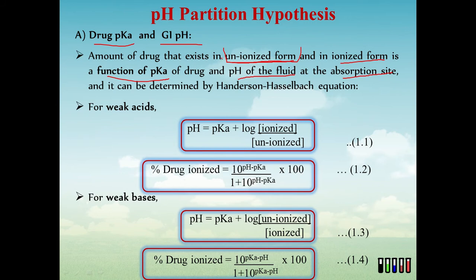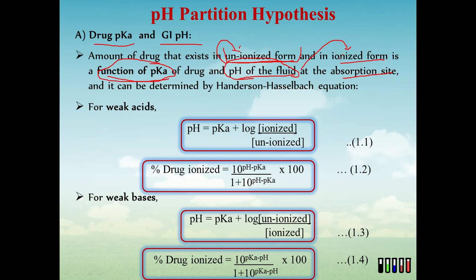Okay, the amount of drug that exists in unionized form and ionized form is a function of the drug pKa and what will be the pH at the absorption site at which the drug will get exposed. That will define the absorption pattern, or whether your drug will go in an unionized form or into an ionized form.